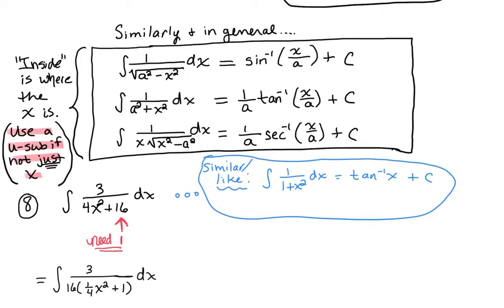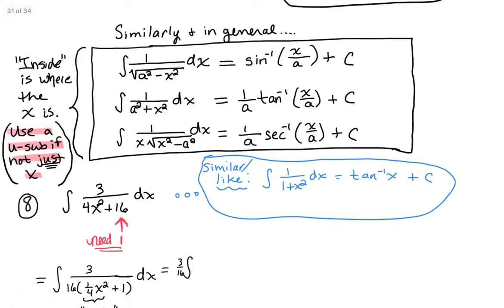That's no problem. But now the next thing I need to realize is where I'm going to need my u substitution. This region right in here corresponds to the inside of our 1 over 1 plus x squared, and that's where we need a u substitution. So I'm going to pull my 3/16 out in front here to create a little more space.